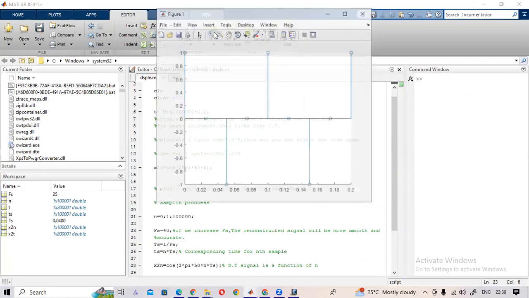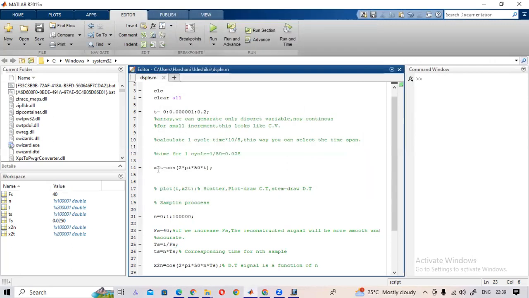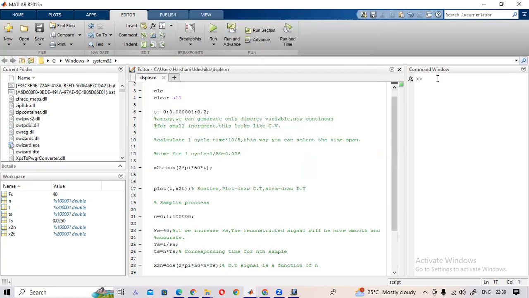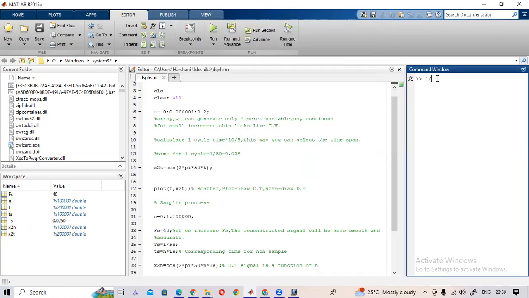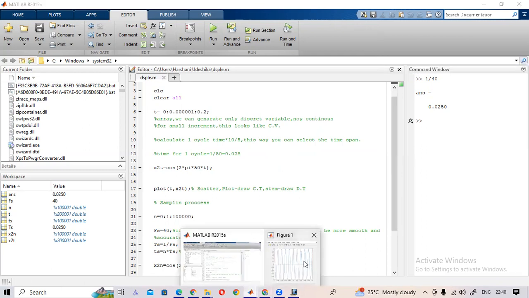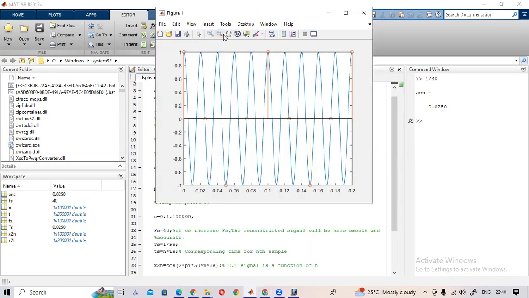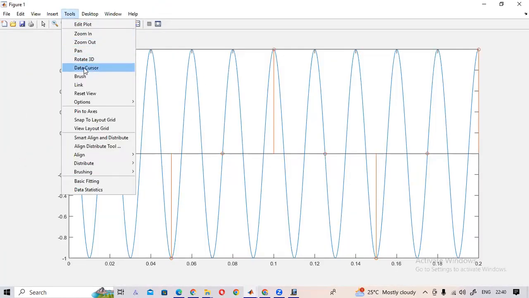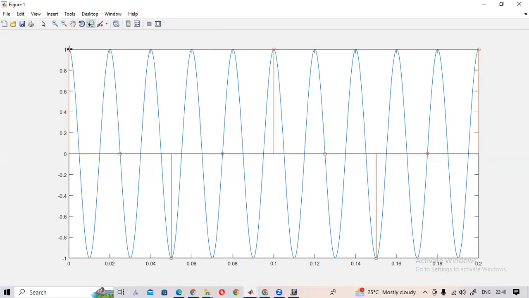If I run this, I will activate this one also. You can see that now my sampling frequency is 40. That means I'm going to get a sample every 0.025. This is the first sample, at 0.